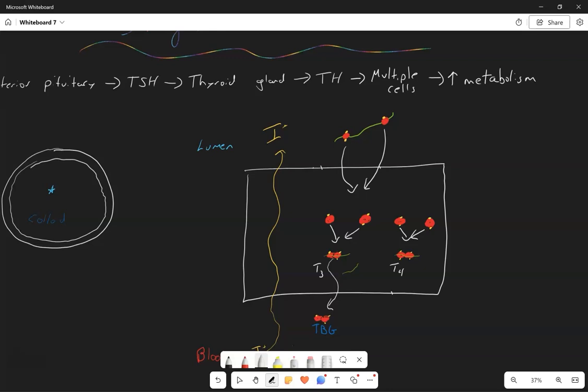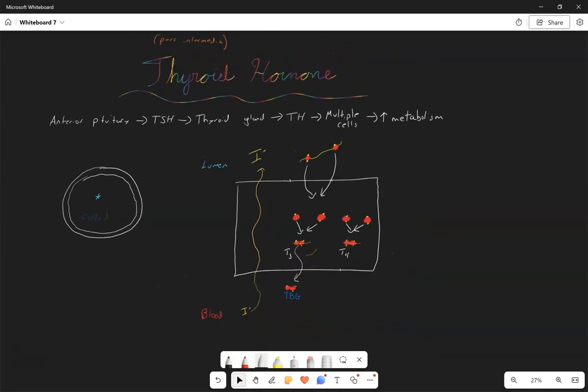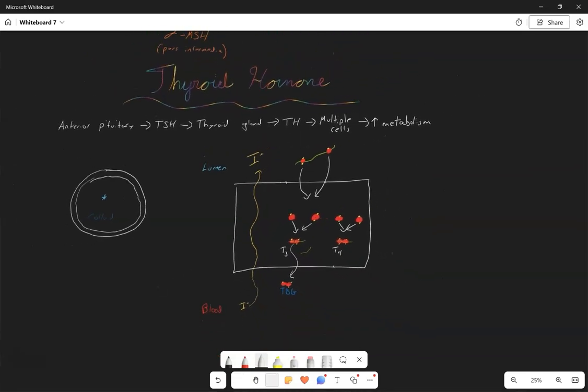And remember, metabolism is the total of all of the chemical reactions taking place inside of the cell, but it increases the rate of metabolism. One of the most prominent mechanisms of action that's been shown is that it increases oxygen uptake by the cells, and that's going to help increase the overall metabolism. So the thyroid hormones are highly involved in metabolic processes.